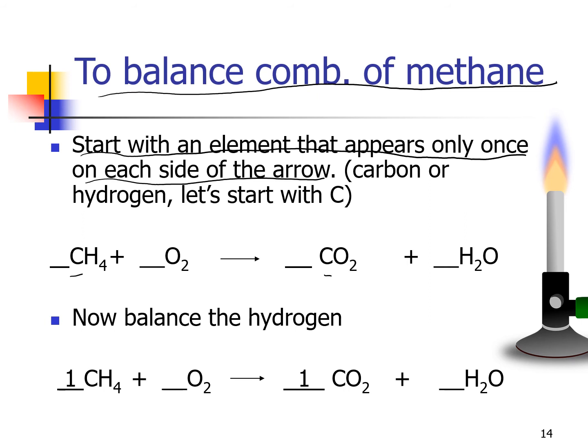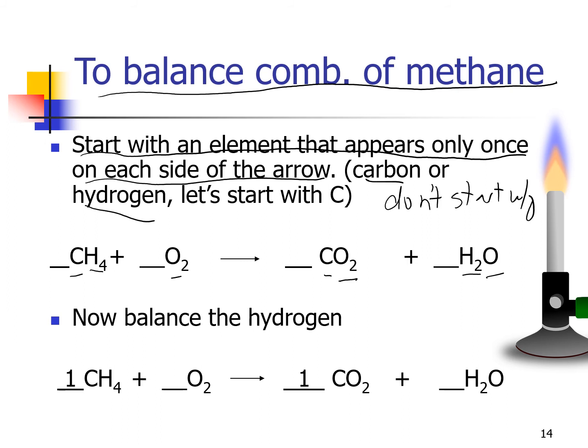Hydrogen appears in 1 reactant in CH4, and hydrogen appears in 1 product in H2O. Oxygen appears in oxygen in 1 reactant. However, oxygen appears in carbon dioxide and in water, so oxygen is in 2 of the products. So don't start with oxygen in this example.